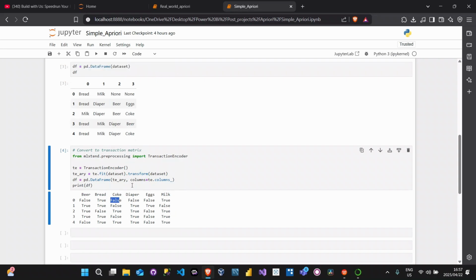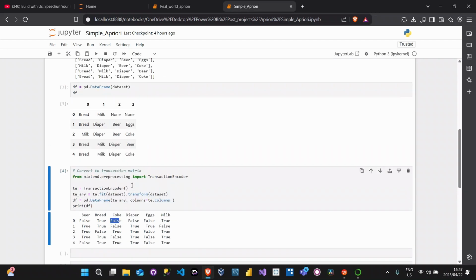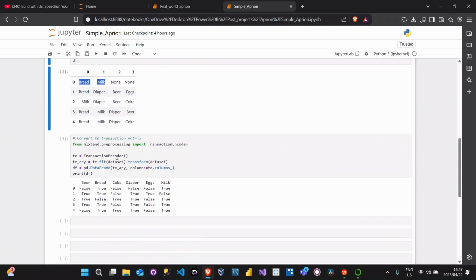In our first transaction, we only had bread and milk that were purchased.